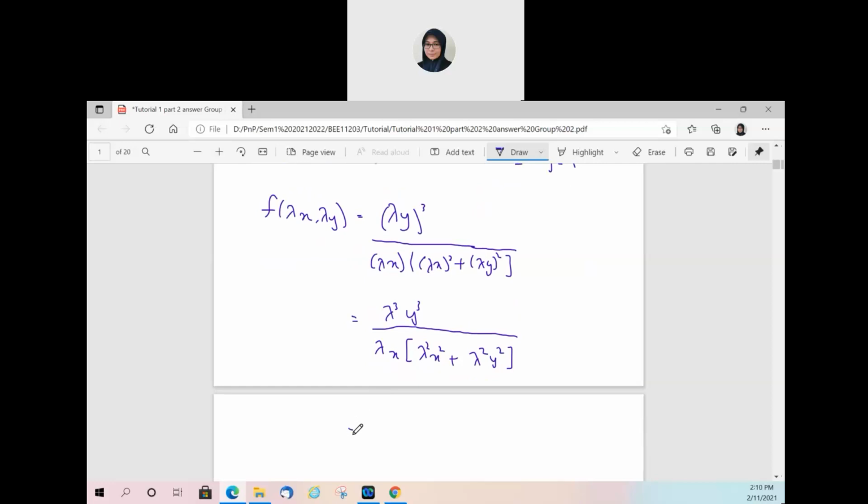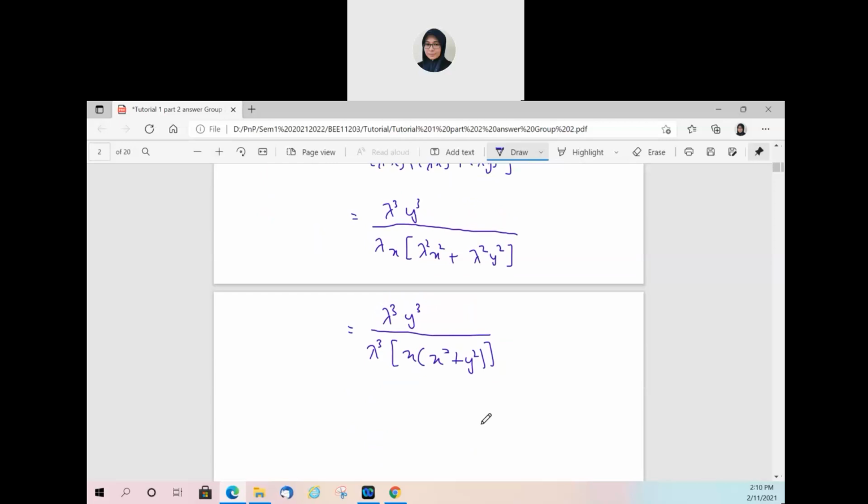Okay, equals to, so this lambda square, you can factor. You can factor this lambda square, then our equation will be, and this one you can cancel.